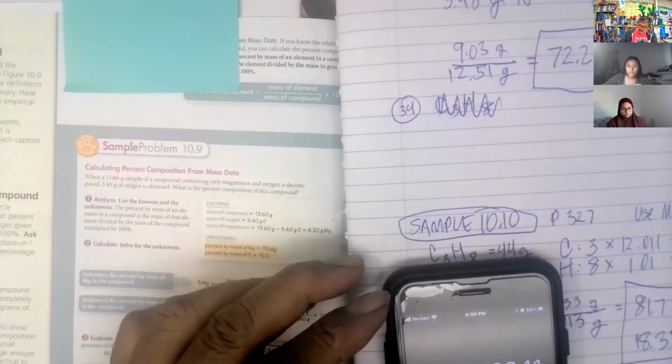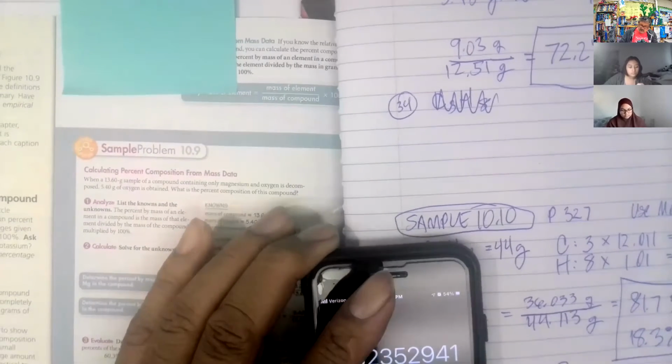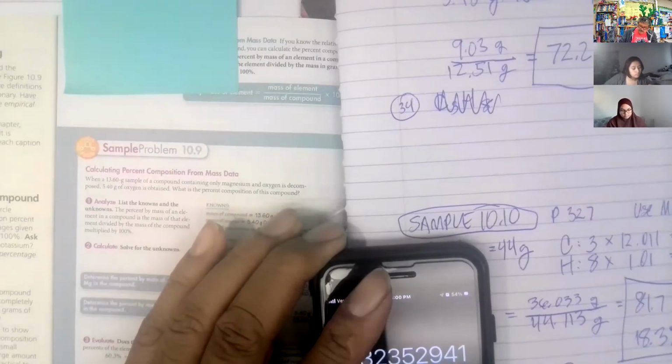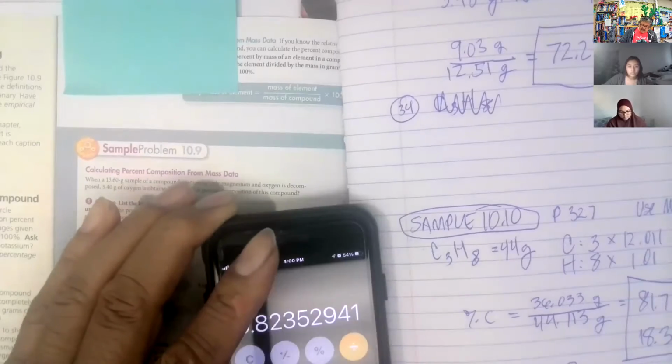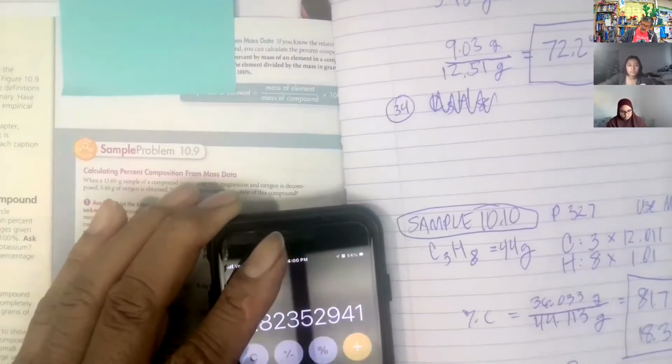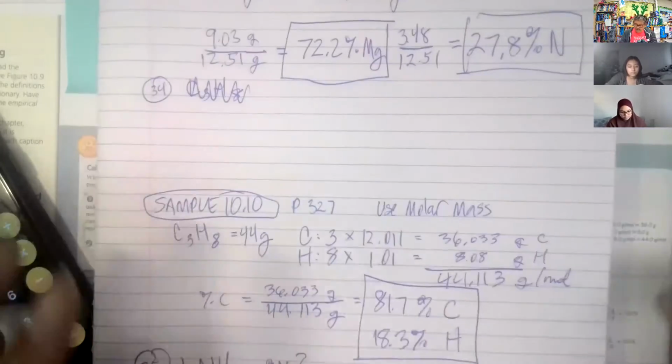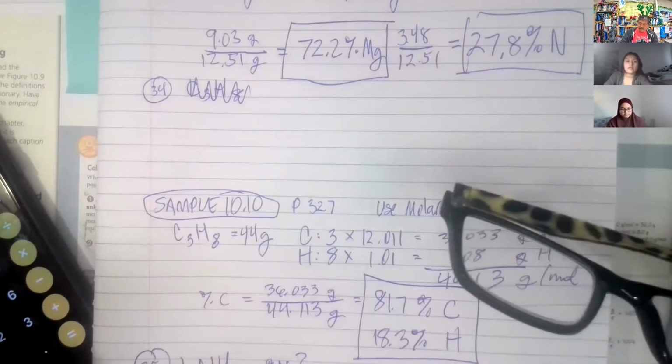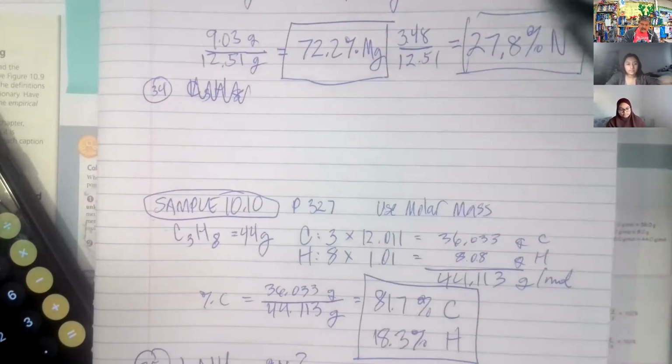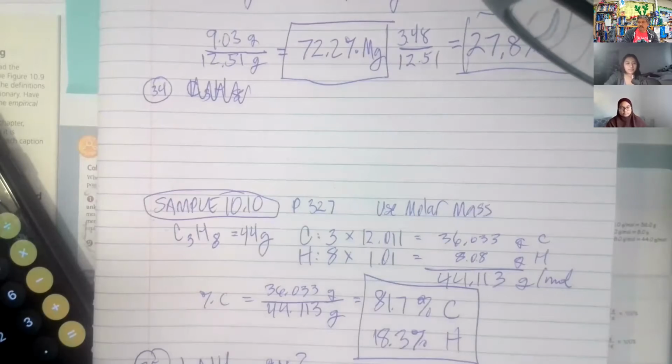So 82%, 2 sig fig. Nitrogen. Good thing I caught myself there.